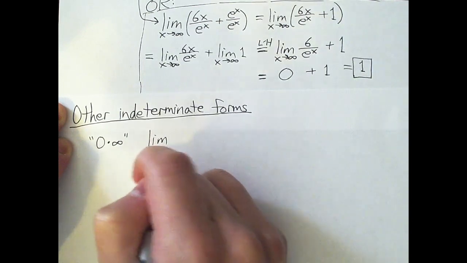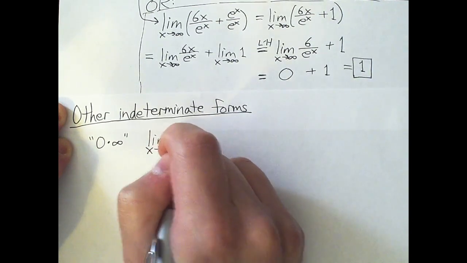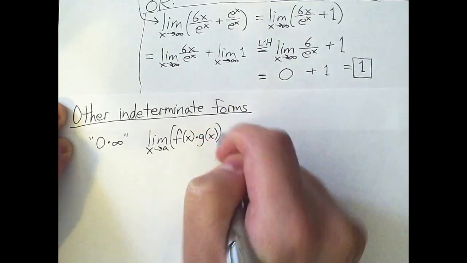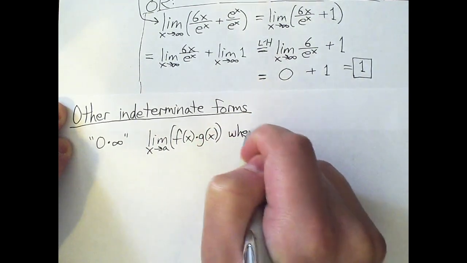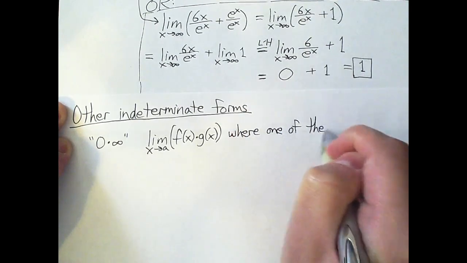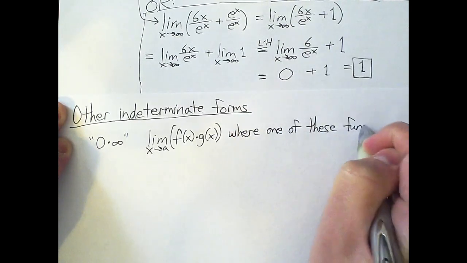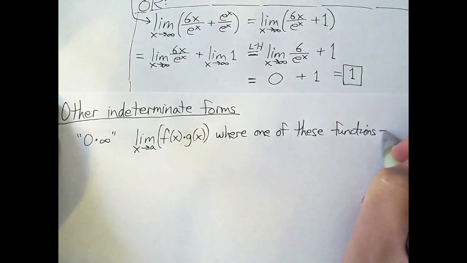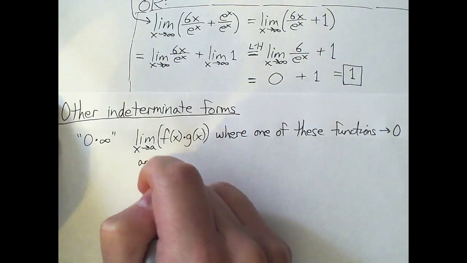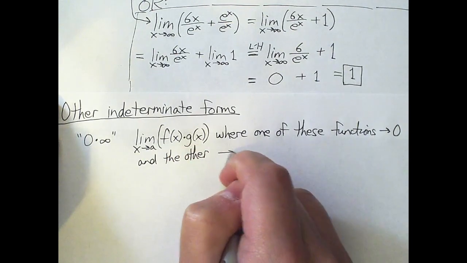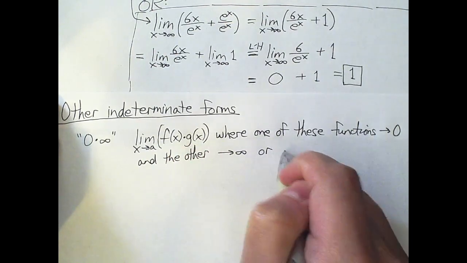This is the limit as x goes to a of a function times a function where one of these functions approaches 0 and the other approaches infinity or approaches negative infinity.